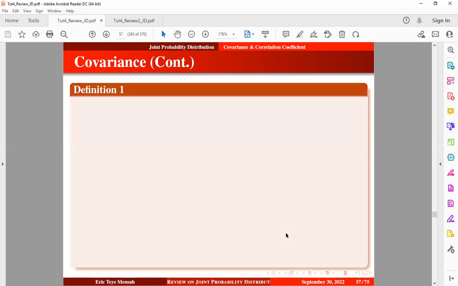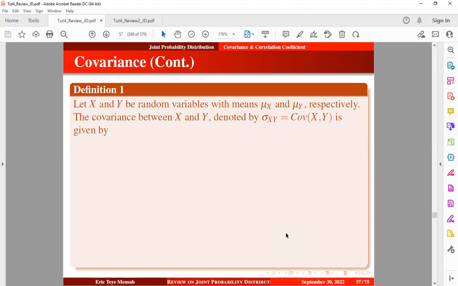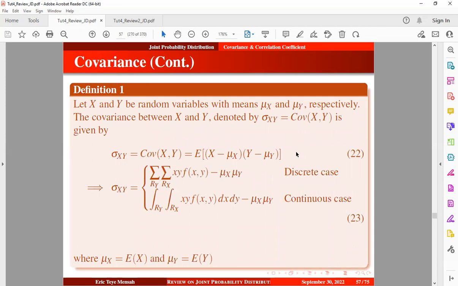Now let's take a look at this definition. Let x and y be random variables with means mu of x and mu of y respectively. The covariance between x and y, denoted by sigma subscript xy, which can also be expressed in this form, is given by equation 22. Now, if you recall from our previous tutorial on expectation of joint distribution, equation 15, we saw this, okay, and we said this is equal to covariance.